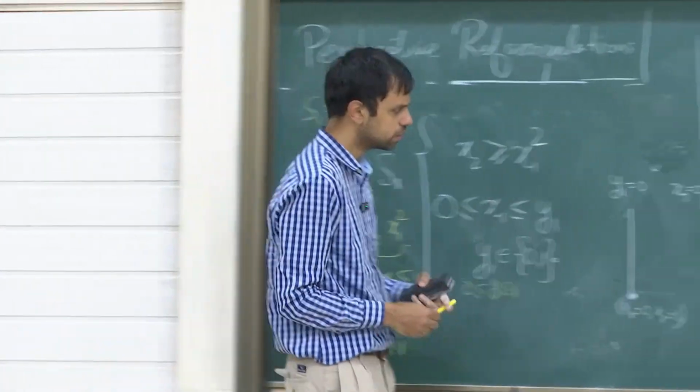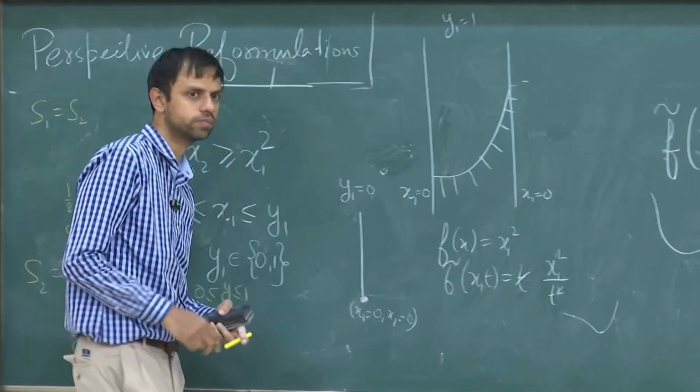So this is a convex function in x and t.